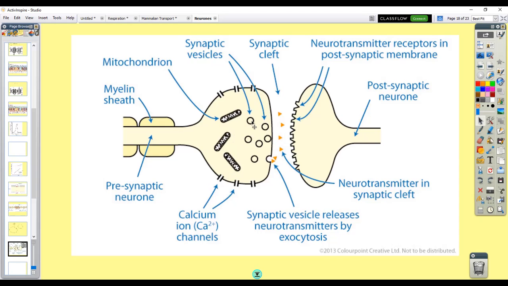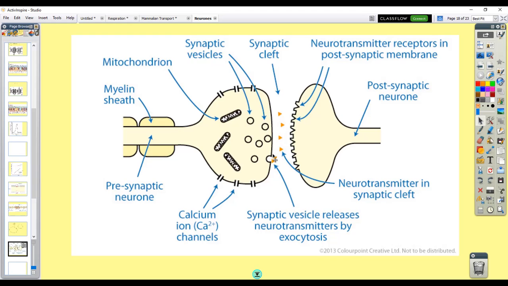That causes these synaptic vesicles, which contain some neurotransmitter, to move towards the synaptic cleft. Okay, the neurotransmitter is often ACH, or acetylcholine. It then is dropped off, if you like, by exocytosis in the synaptic cleft. So these vesicles will bind with the membrane and drop off that neurotransmitter.